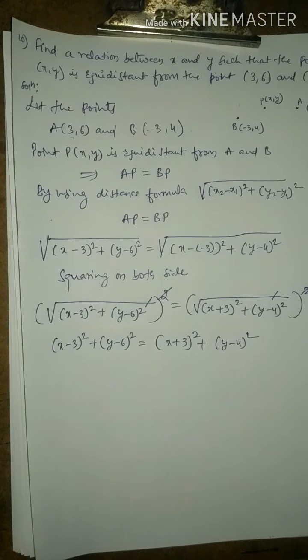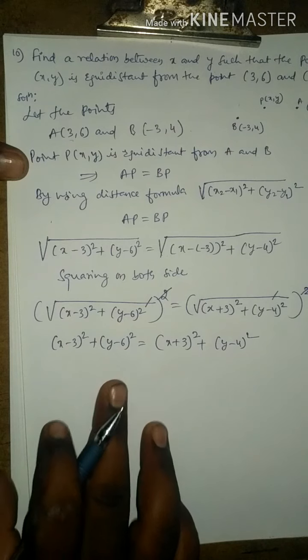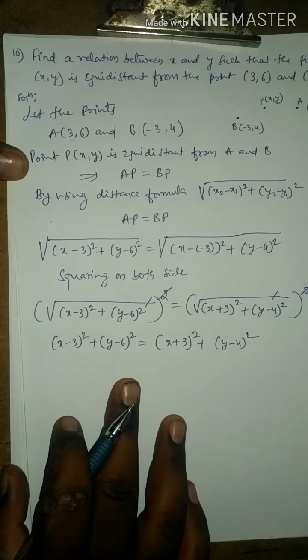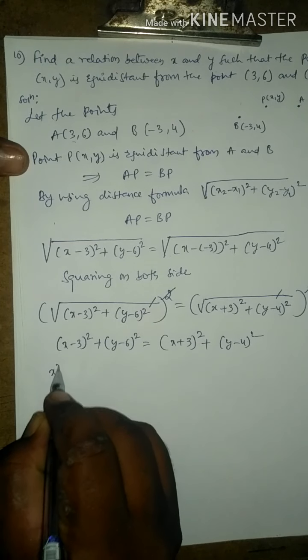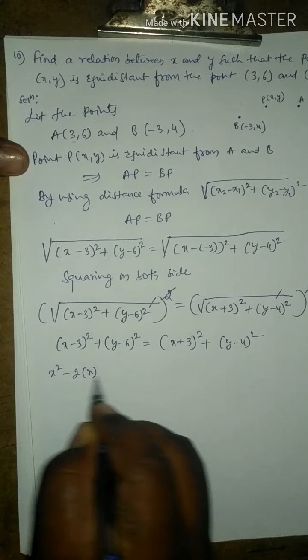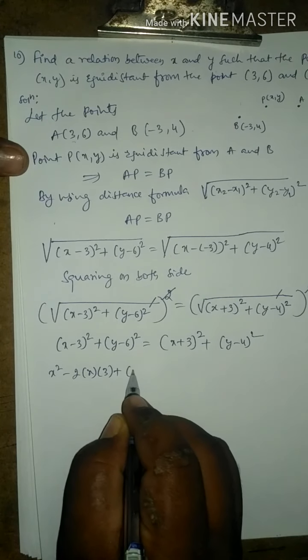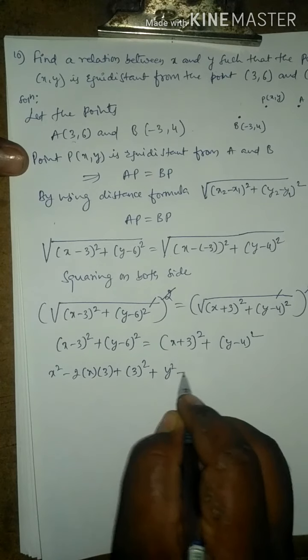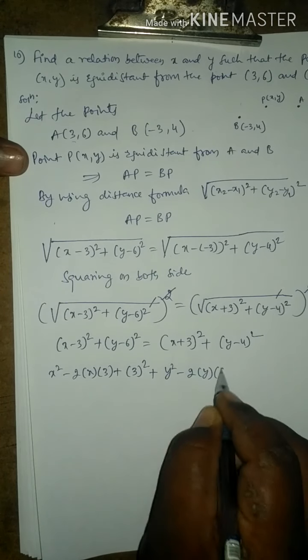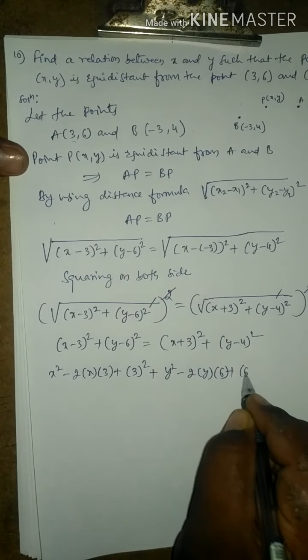So we have to find out the relation between x and y, so we have to go for simplification. To simplify this, we have to use (a plus b) whole square and (a minus b) whole square. So here I am using (a minus b) whole square: x square minus 2 into x into 3 plus 3 square, plus y square minus 2 into y into 6 plus 6 square.